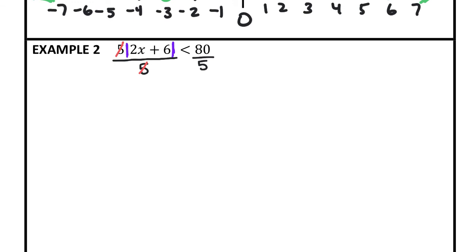Then we end up with the absolute value of 2x plus 6 less than or equal to 80 divided by 5, 16. Okay, now is the absolute value by itself? Yes.